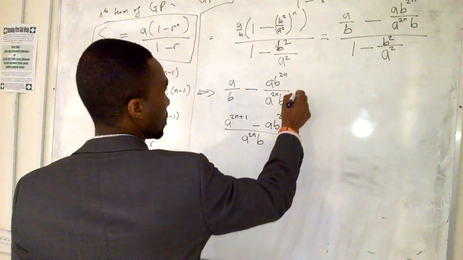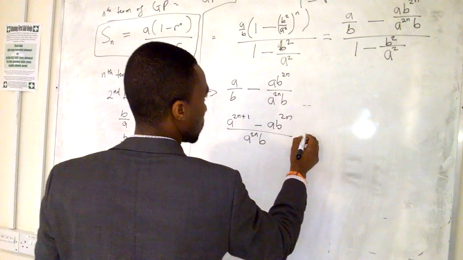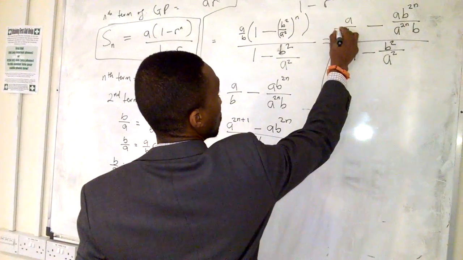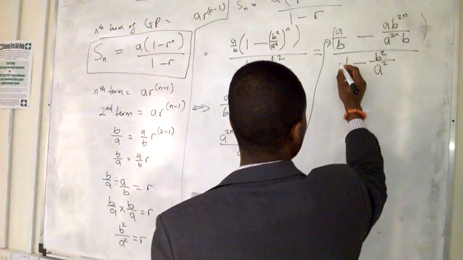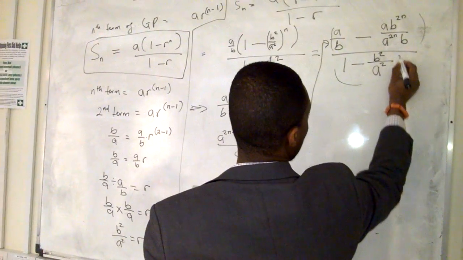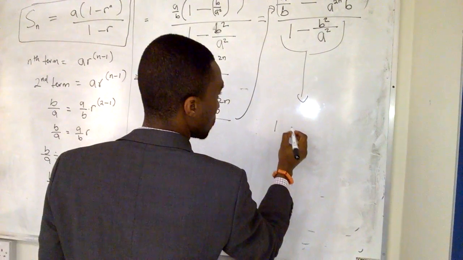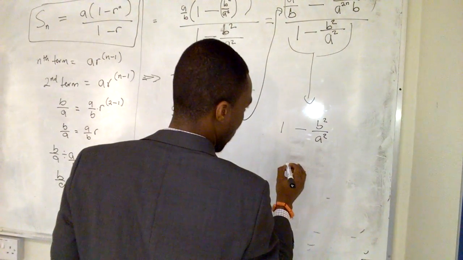This is what you get for this. And then for this, you're gonna get 1 minus b squared over a squared.